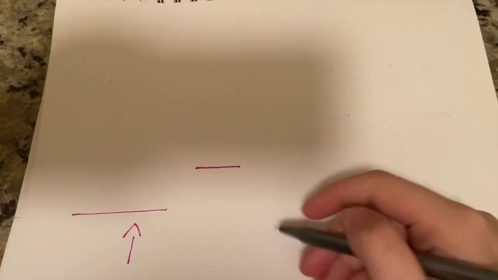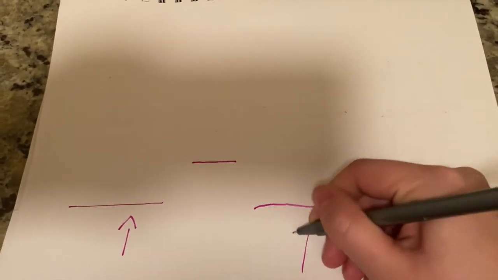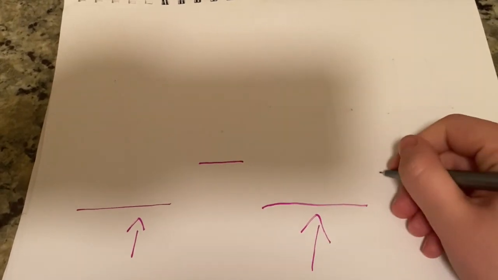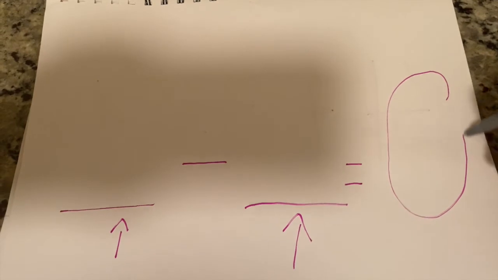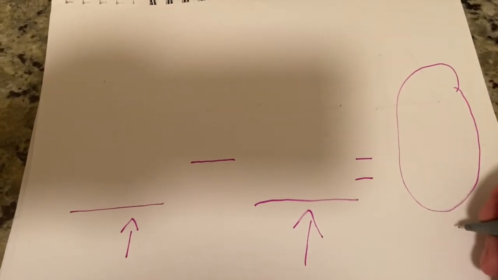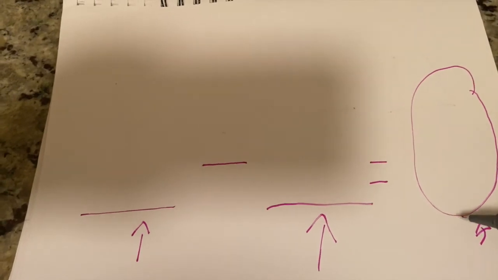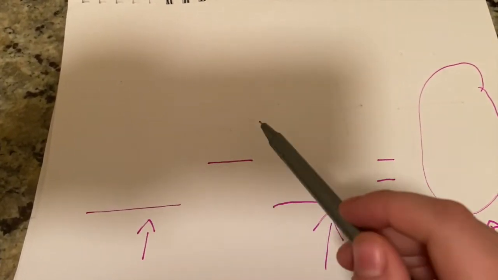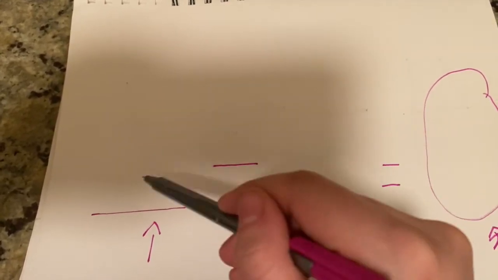That will go right here. And right here will be the second number. And then an equal sign. And then in the circle will be the total amount from this amount taken away, so separated from this amount.